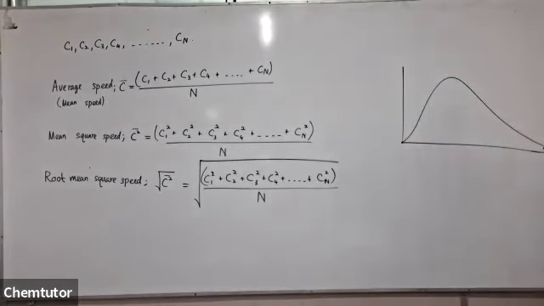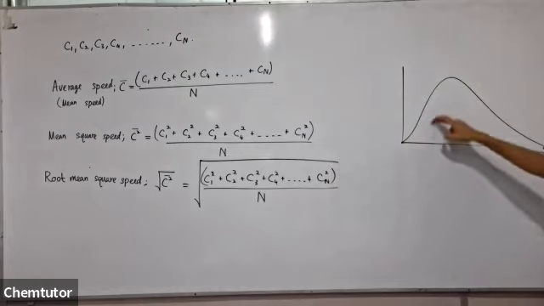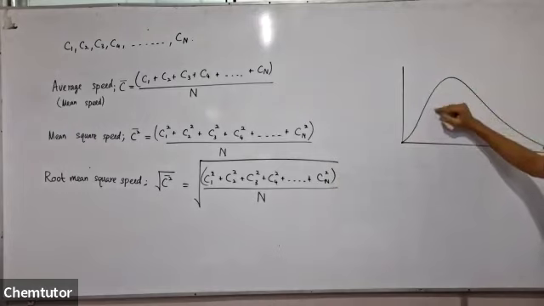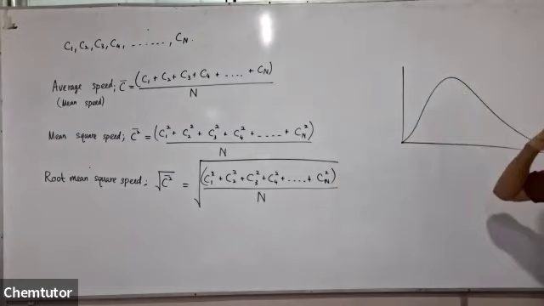These molecular speeds are in a distribution like this, so it's not fair to just get the average of this. This is not a smooth curve even. That's why I told you this is a mathematical one. We are not teaching you the mathematics part here. Just remember that we are taking the square speed.